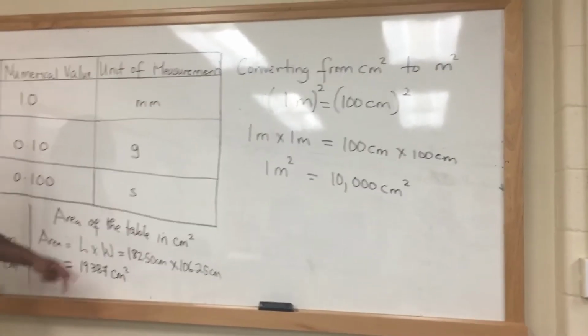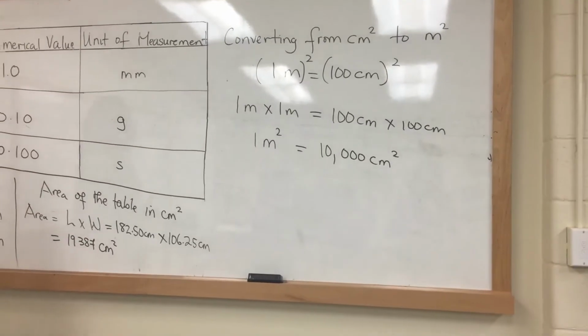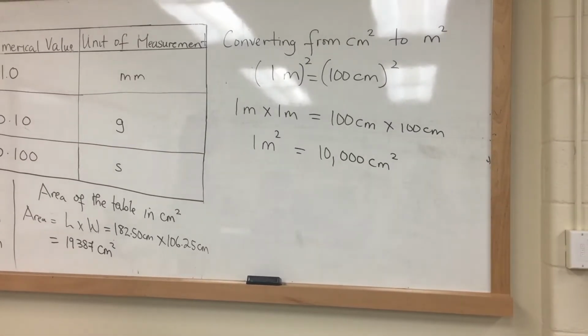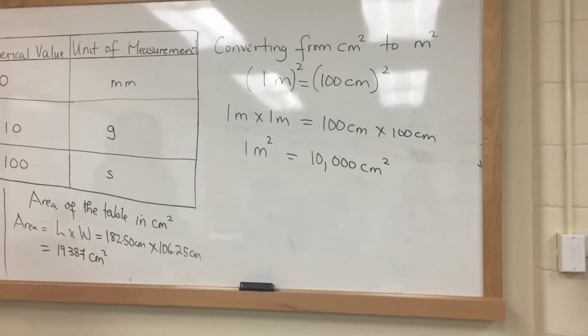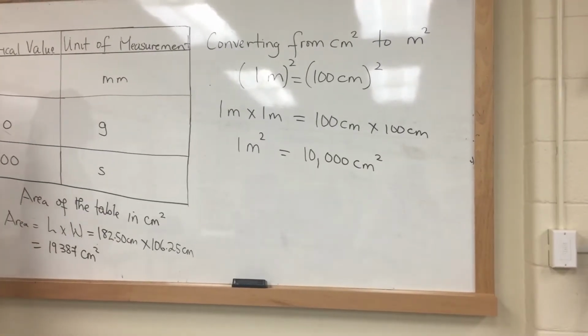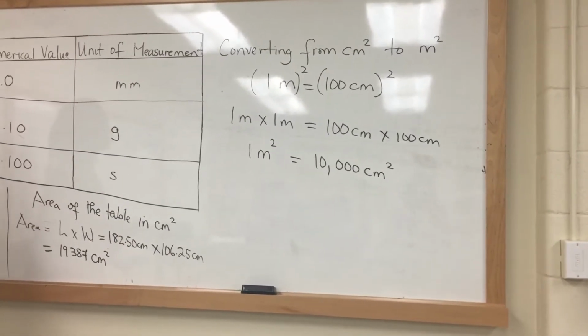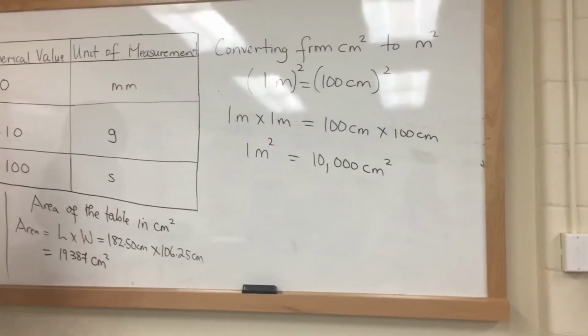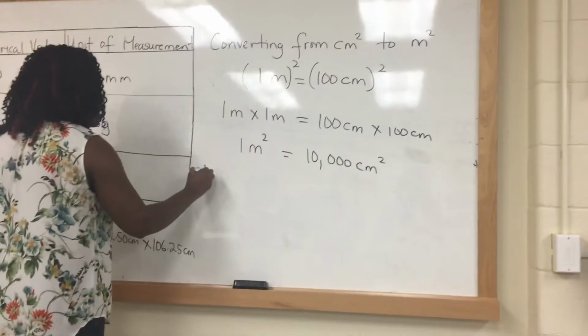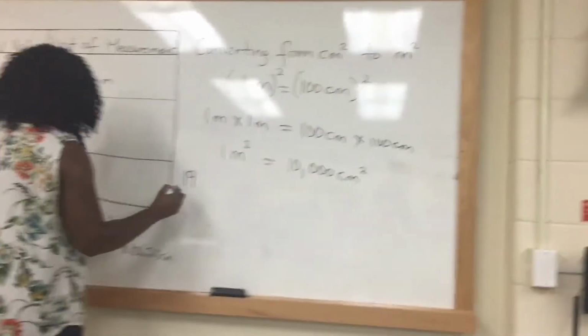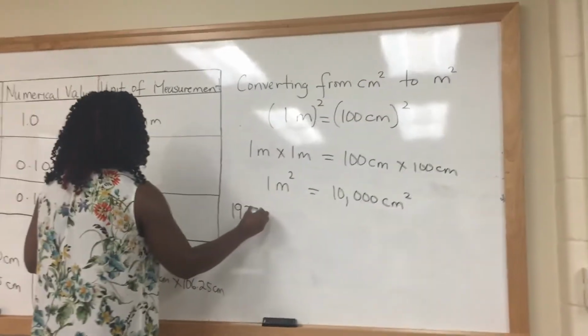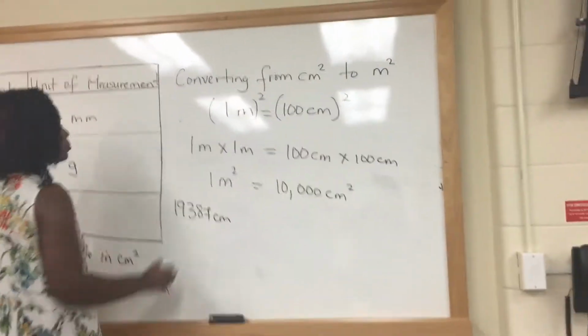Now we want to convert this number, 19,387. So in order to do this, we're going to use a technique known as dimensional analysis. And in this technique, we're basically using the units to guide us in our conversion. So we're going to start with the given number, that's 19,387 centimeters.